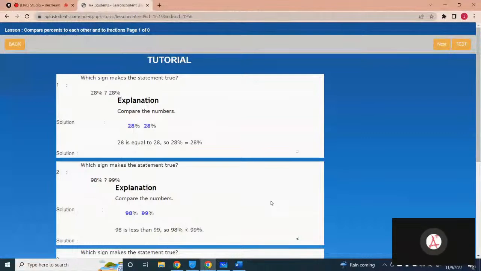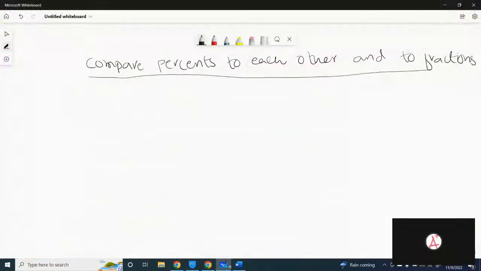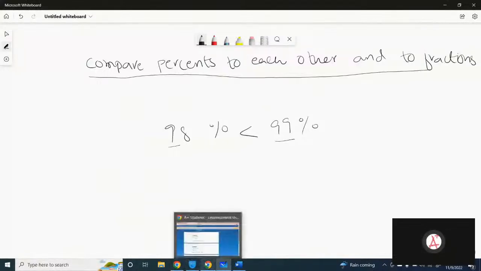Okay, the next one: which sign makes the statement true? 98% and 99%. So you have to compare the percents. We know that 98 is less than 99. So 98% is less than 99%. You just compare the numbers. Got it?